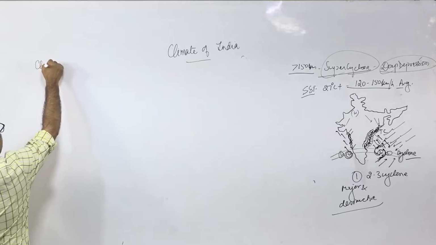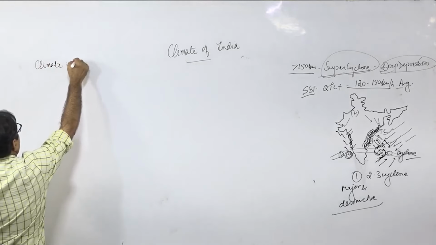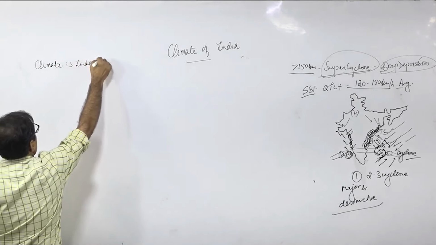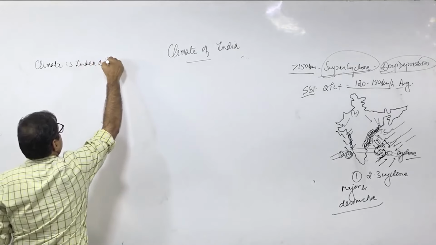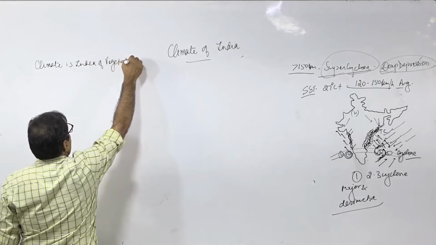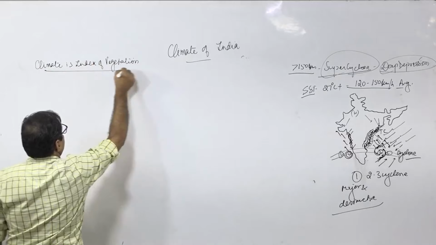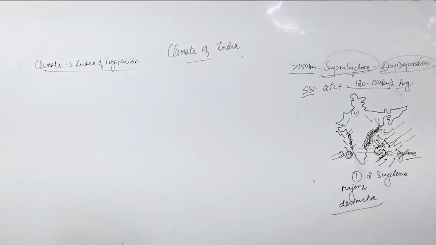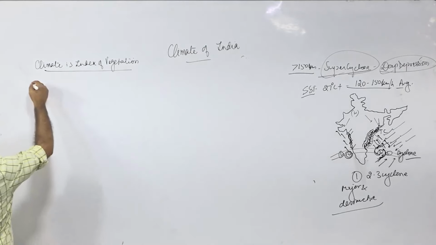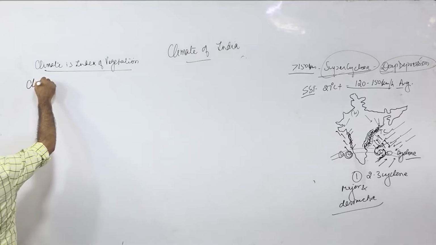Next. Can we call climate an index of vegetation? Yes or no? Climate is an index of vegetation. On the basis of climatic conditions, what do we include in the climate?